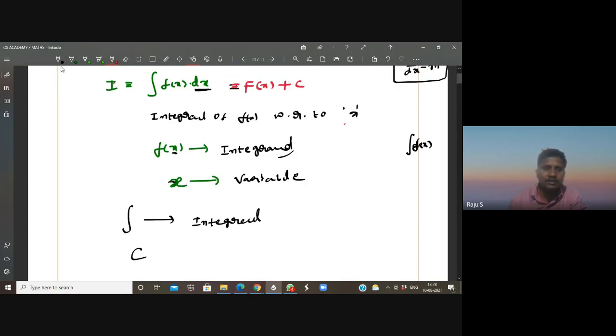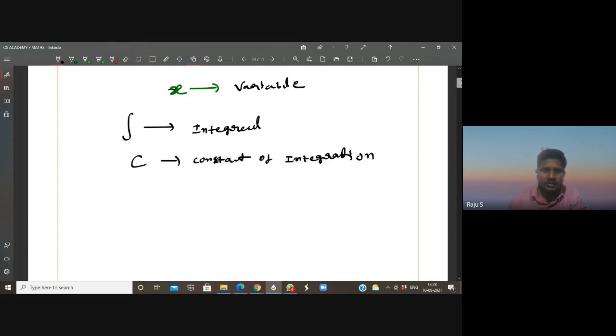So what about that c? c is called the constant of integration.